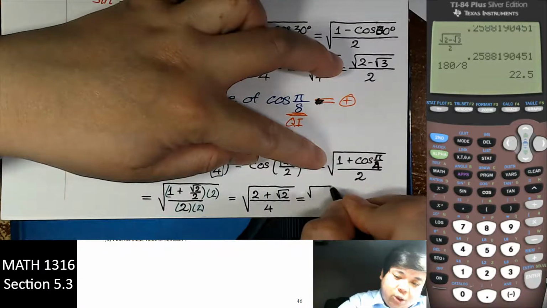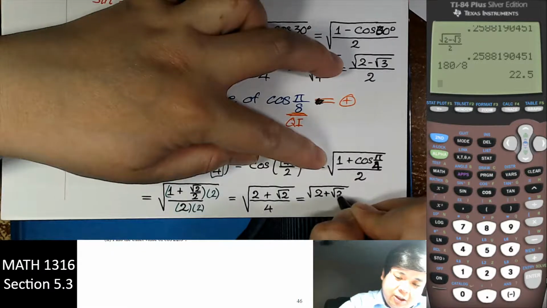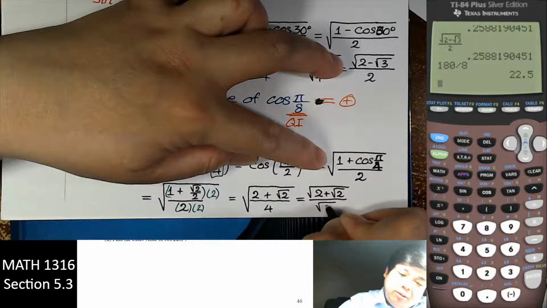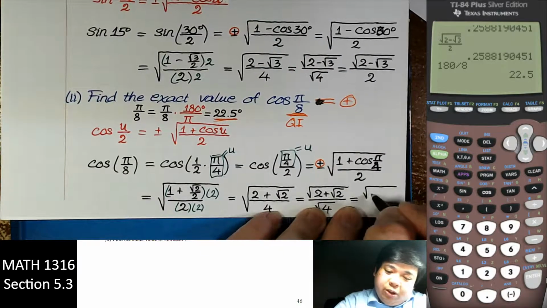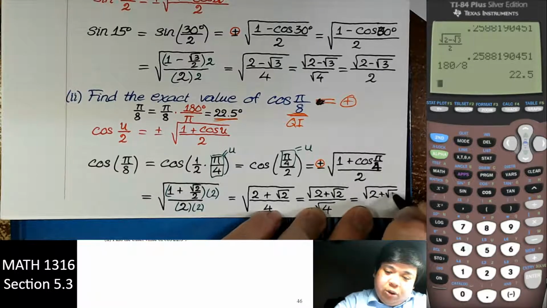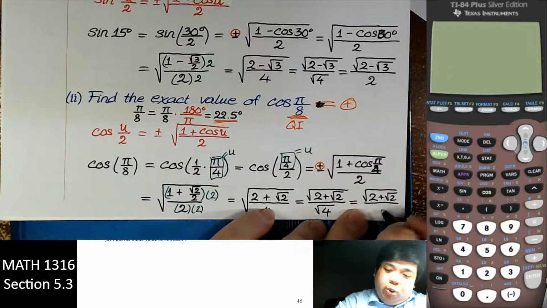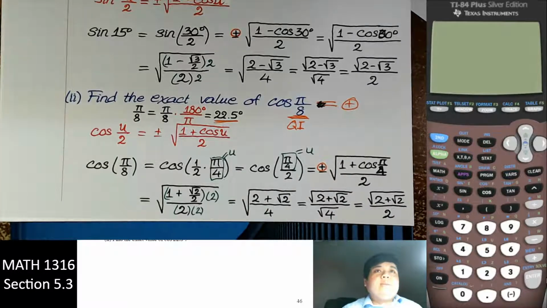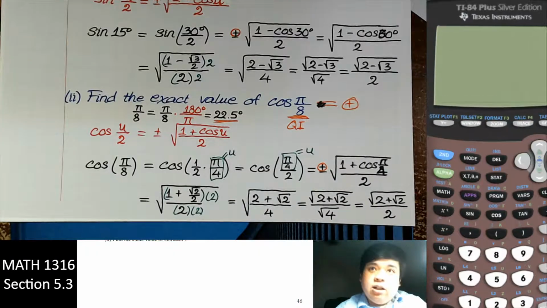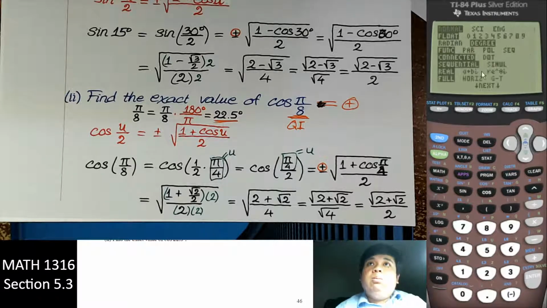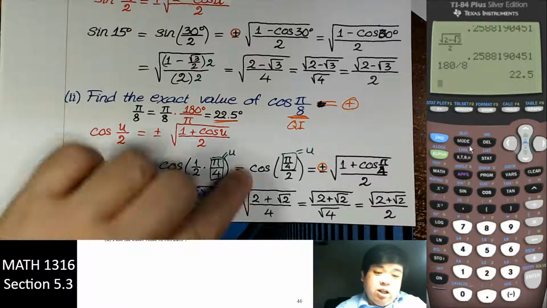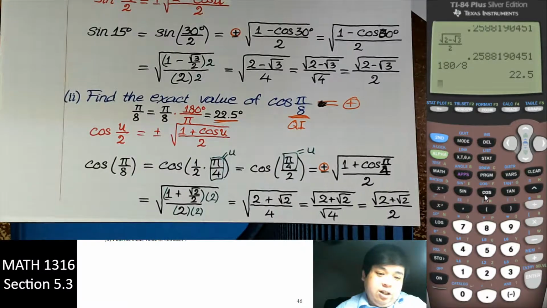Break the square root on the top and to the bottom. So we have the square root of 2 plus the square root of 2, and the square root of 4 is 2. Right, now is that correct? Oops, sorry. It is in degree mode, which is correct. 22.5 degrees.